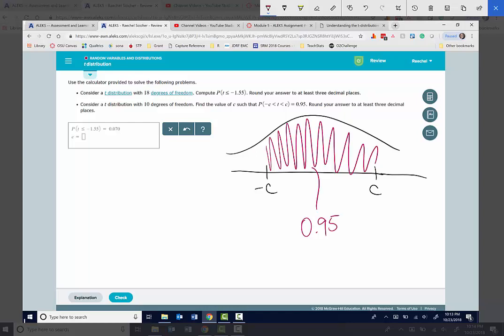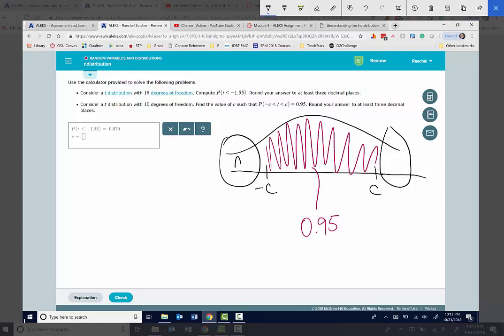Okay, so according to this logic, that means that the area that we have over here to the right and the left of c and negative c, so this area here and this area here, has to be equal to these two together.